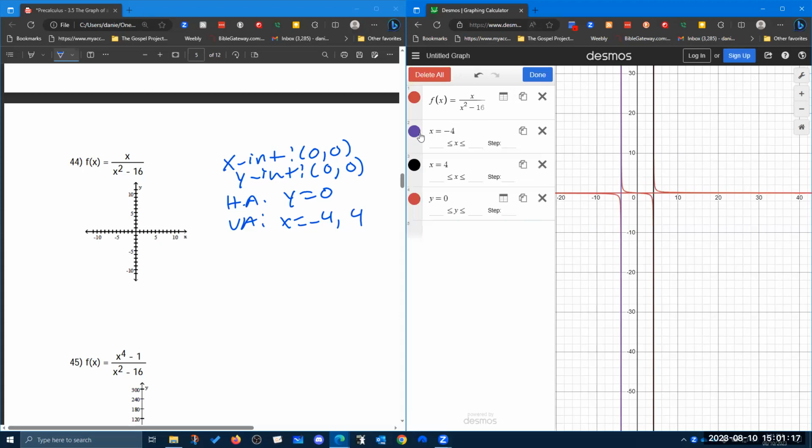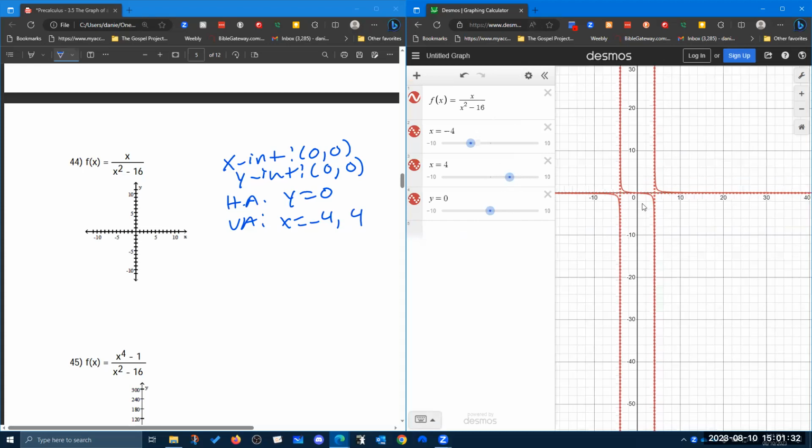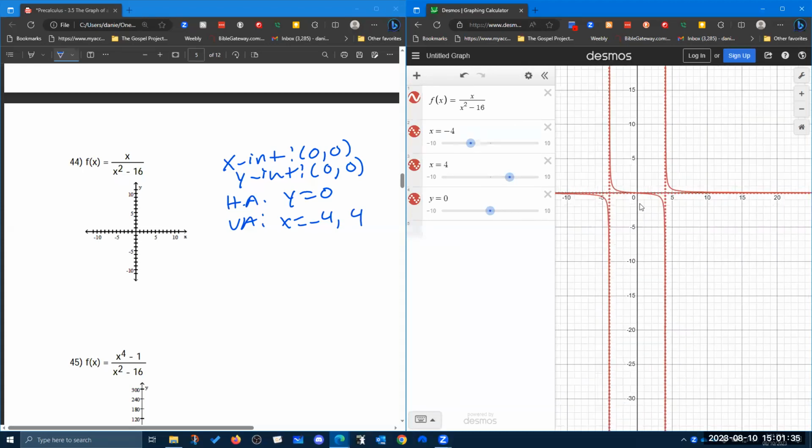And see that the function is going to approach the horizontal asymptote from the bottom here on the left, and then approach that vertical asymptote from the left as it goes down towards -infinity.